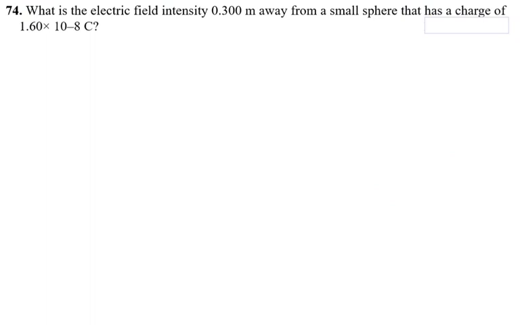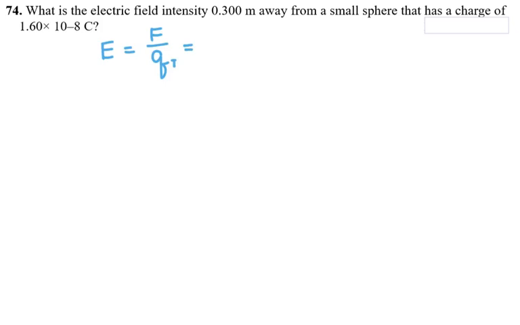What is the electric field intensity 0.3 meters away from a small sphere that has a charge of 1.6 × 10^-8 coulombs? You know the formula for the electric field: E is equal to the force acting on the test charge.